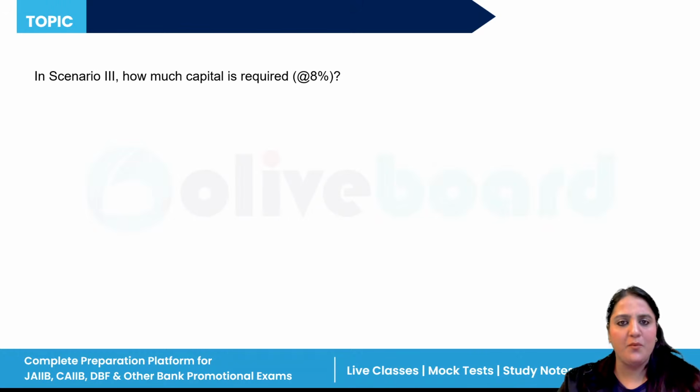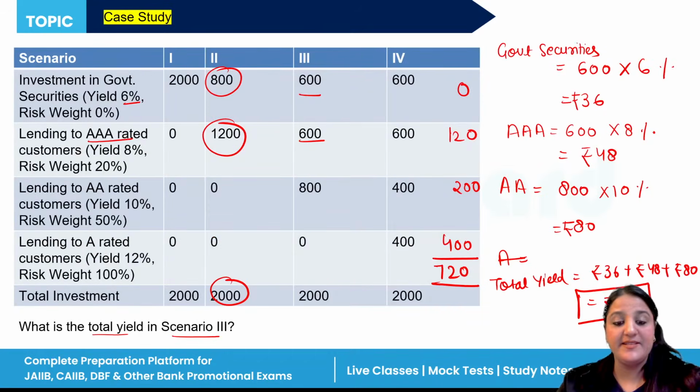In scenario third, how much capital is required at 8%? So how to calculate?